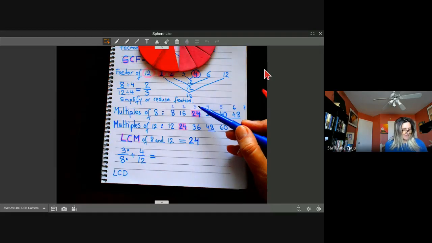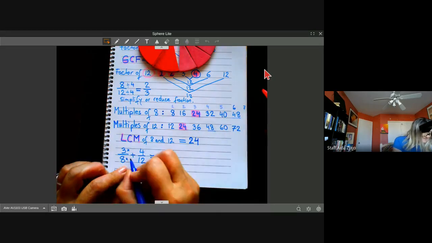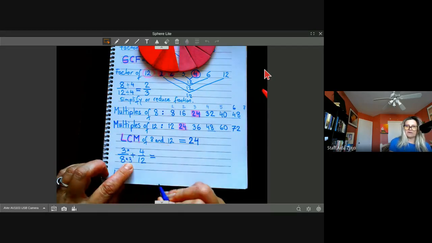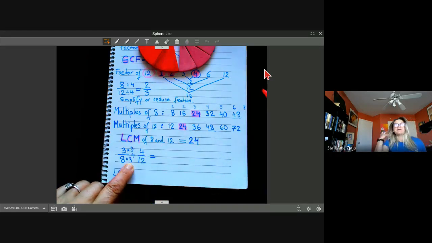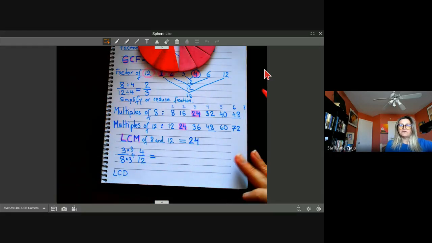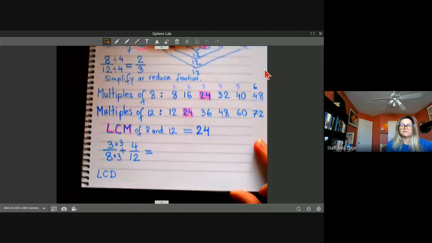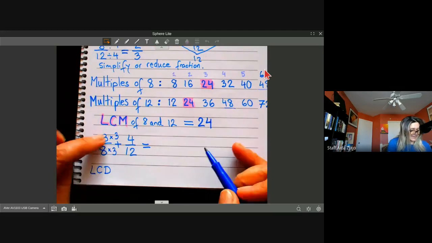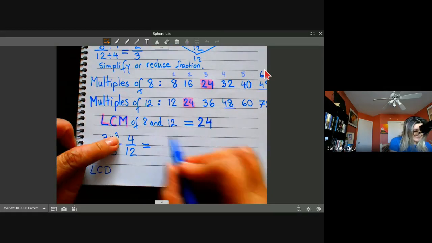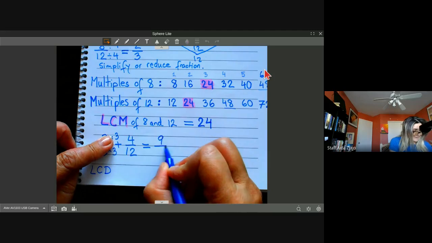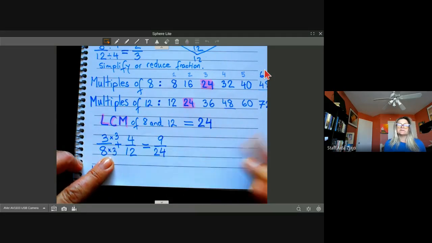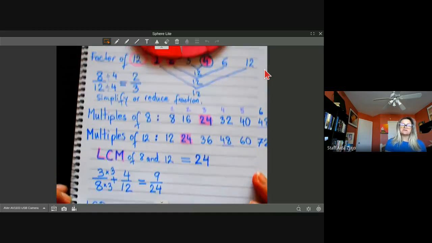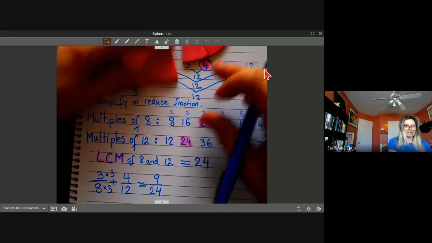I mean 3. 8 times 3 is going to give me 24, but I have to do the same thing on the top of my fraction. So in order to change the 3/8, 3 times 3 is 9, and 3 times 8 is 24, so it's going to be 9/24. What that means in real life, look, I had 3/8.